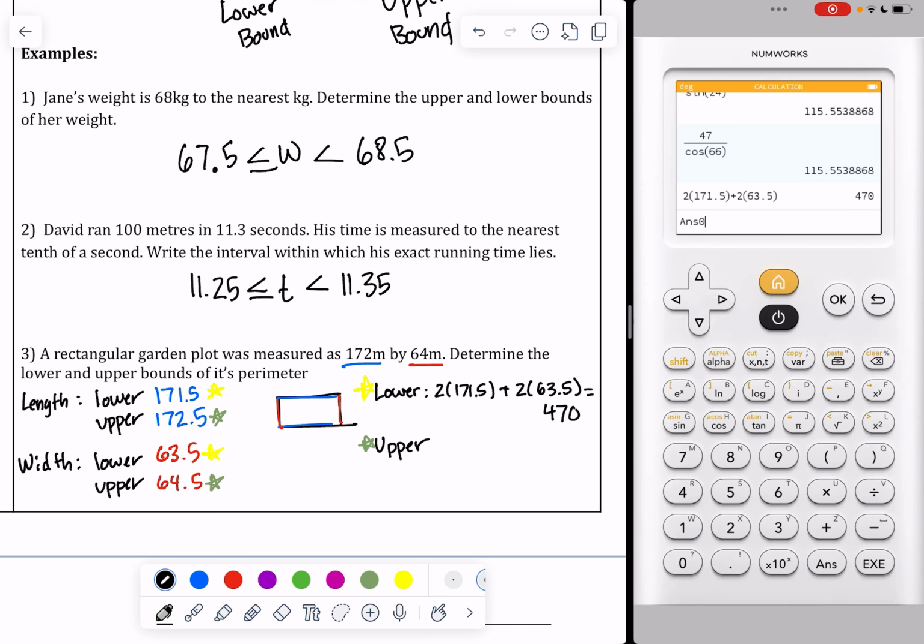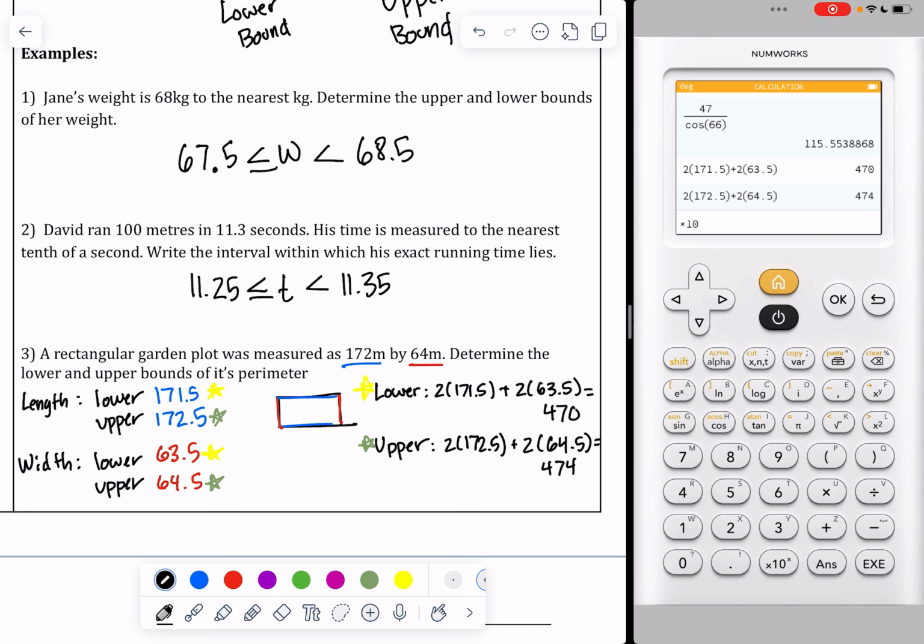That would lead us to 2 times 172.5 plus 2 times 64.5, and that gets us to 474.